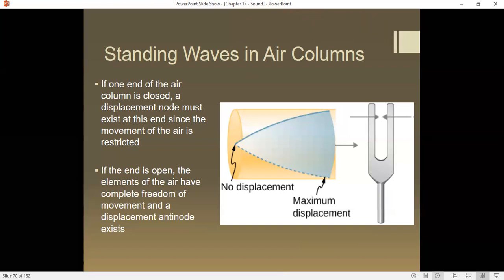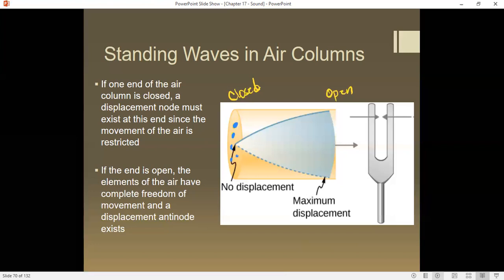Well, unfortunately, for this open-closed or closed-open end geometry, it's a little bit more complicated. Now, for the closed end, think about all the air molecules up against this side. They're going to hit a wall, so they can't go anywhere.